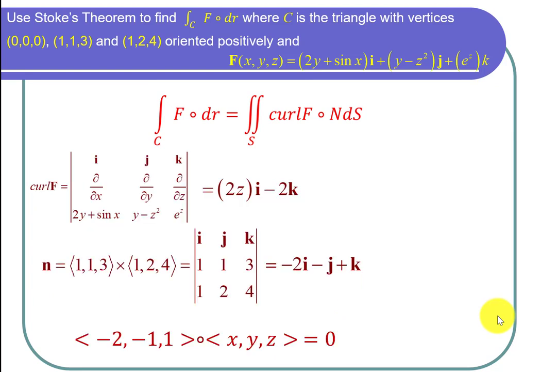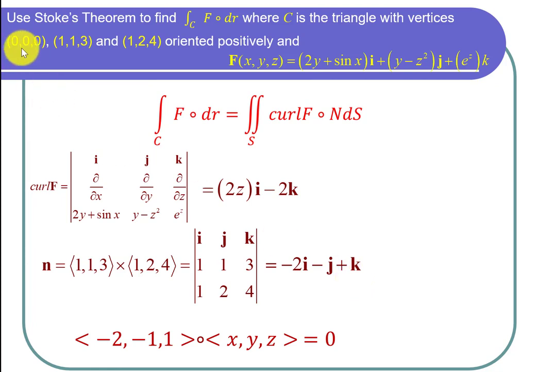Now I can think about the equation of the plane where the triangle lies. The normal vector dotted with a vector on this plane must be 0.